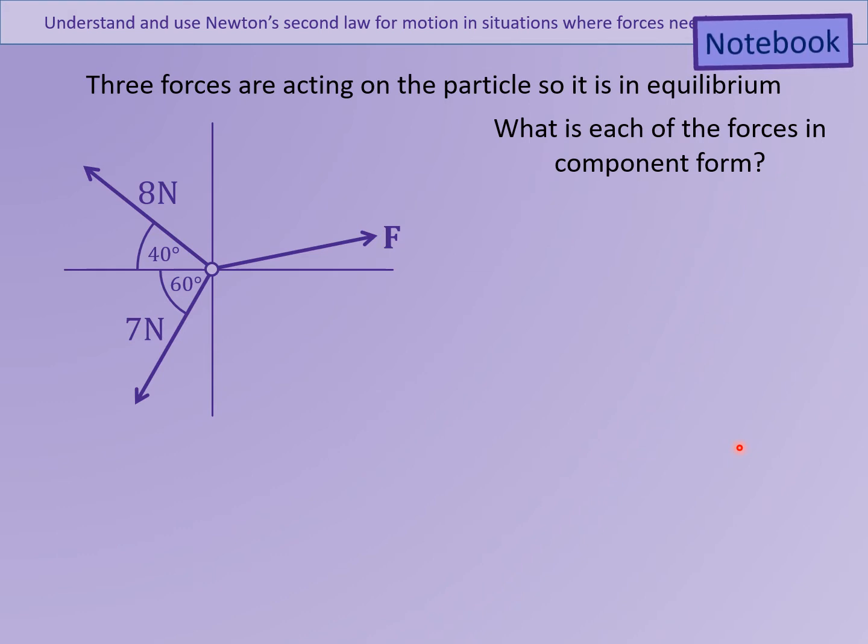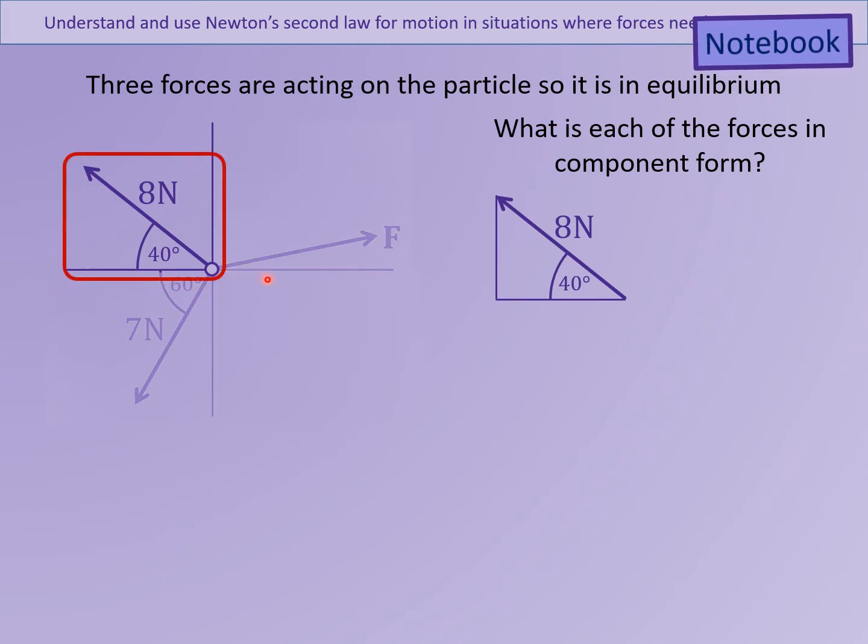Okay, so let's see if you manage to put these into component form then. So for each of these, I'll do one at a time. I'm going to start with the 8 newtons pulling off at an angle of 40 degrees from the negative I line. Okay, so I'm looking at that. If I look at these two in component form, I need this magnitude here and I need this magnitude here.